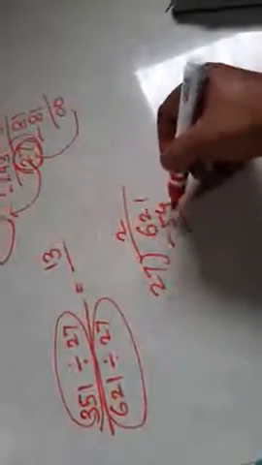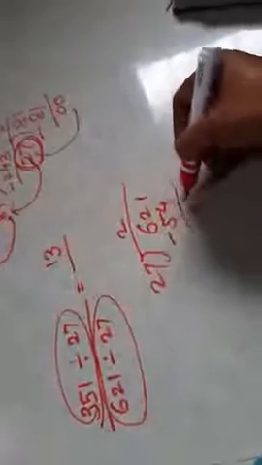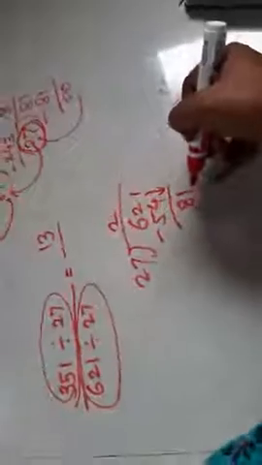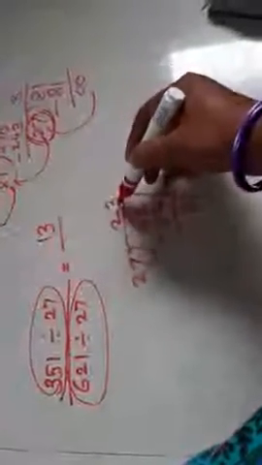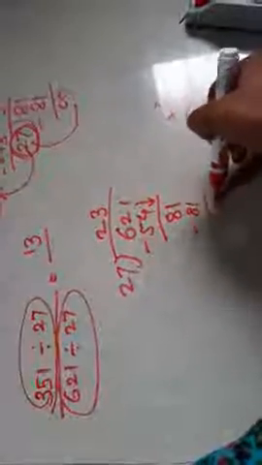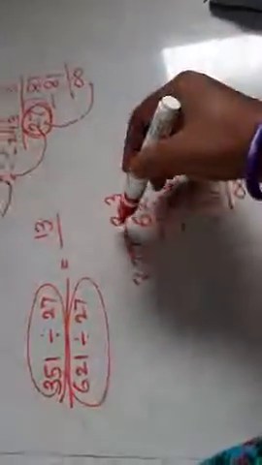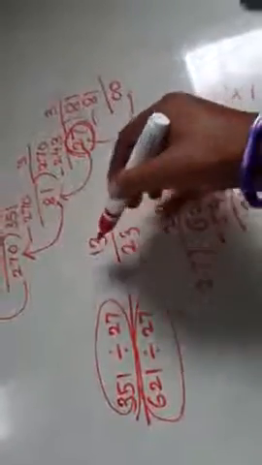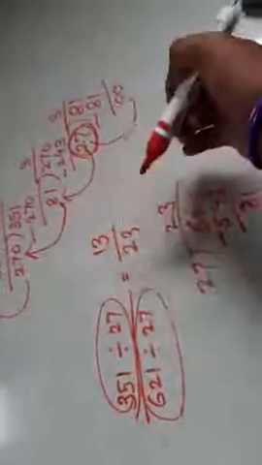Now 62 minus 54 is 8, and this one will be as it is below. So again 27 3s is 81. Minus 81, it will be 0. So here we got the quotient 23. It will come here. Both these numbers are prime numbers, so this will be the simplest form of this ratio.